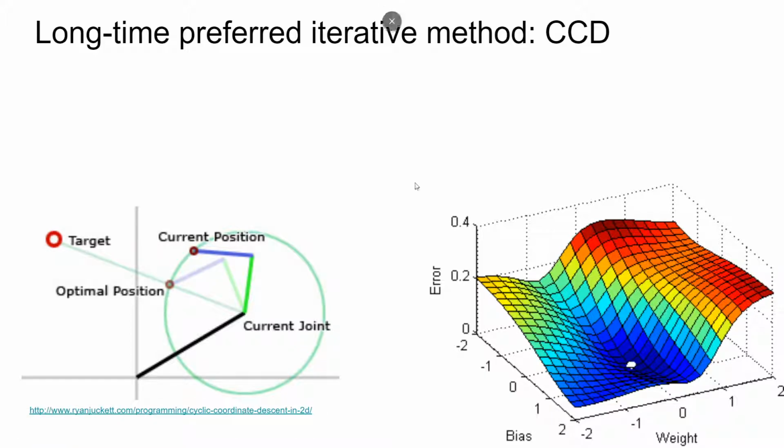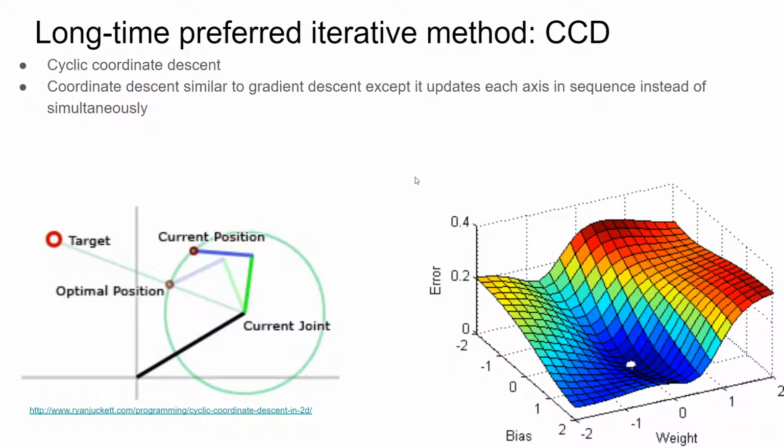The long-time preferred iterative method, which was used for at least 20 years before 2011, when a new method came out that we'll see, was called CCD. It's cyclic, I always mess up the pronunciation, or it's ambiguous, but I'll say cyclic coordinate descent.